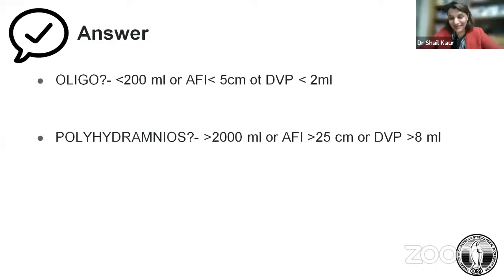Thank you, ma'am. You're very right. The previous speakers have made it very clear that if we're taking an amniotic fluid index, we have to see whether the AFI is less than 5 for oligohydramnios or more than 25 for polyhydramnios, with further determination into mild, moderate, or severe polyhydramnios. If we look at vertical pockets, we would look at a pocket of 2 centimeters for determining oligo, or 8 for polyhydramnios.